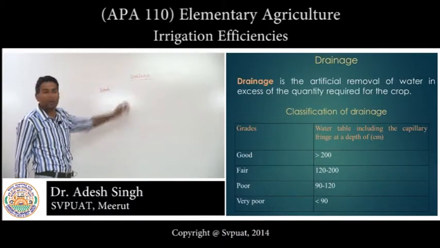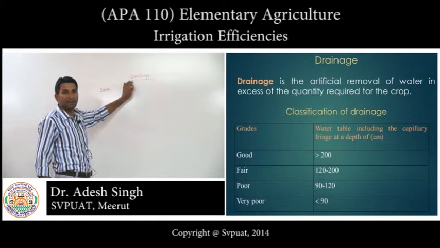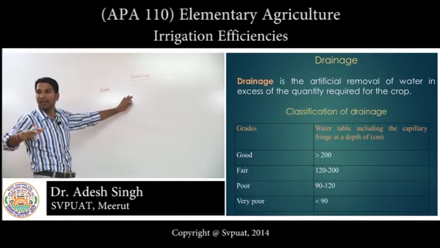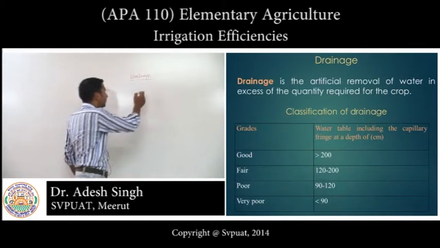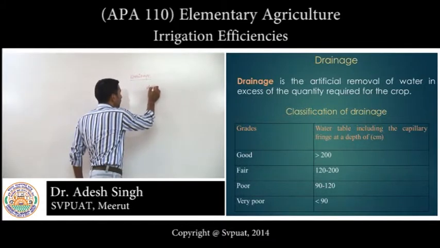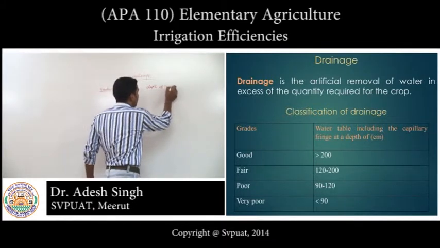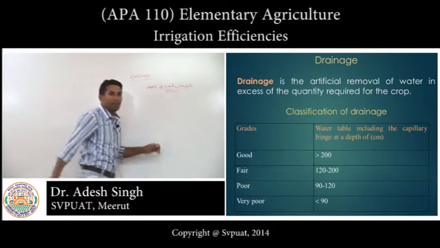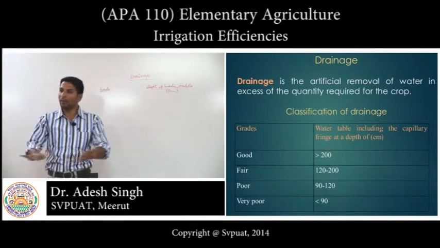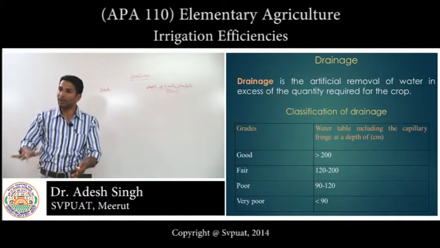Classification of drainage on the basis of the water table depth means what is the actual water available within the soil.